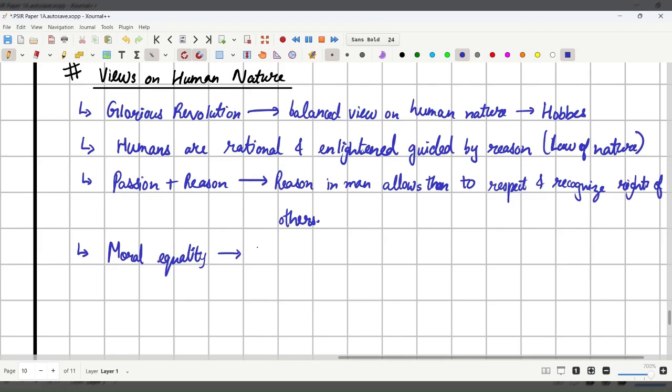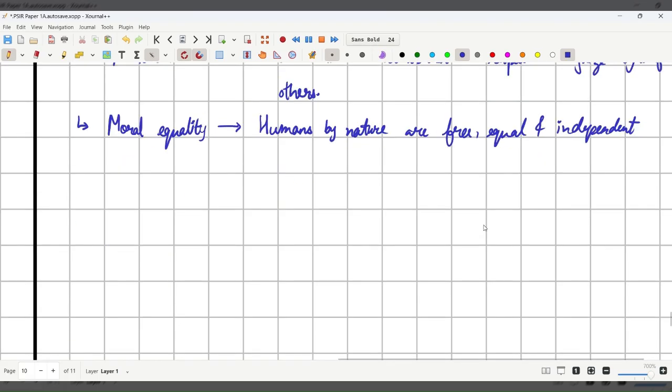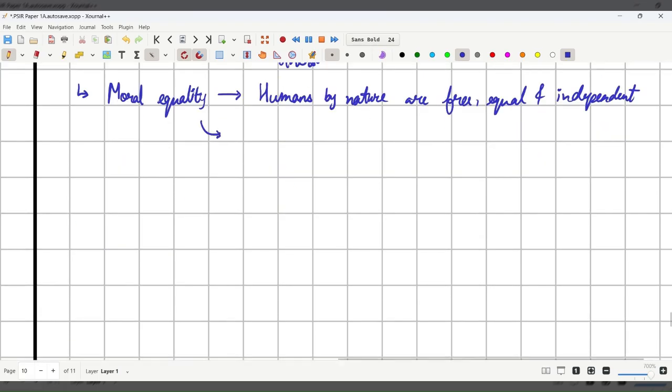So humans by nature are free, equal, and independent, and they possess an inherent sense of morality, even before the state exists.